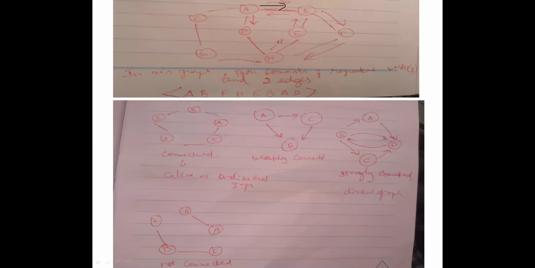I'm reaching A to D using this path: F, H, E, B, and A. So again, B is visited. We cannot say this is a simple path. That's why I took this example. Where you want to go is A to D. There's another path, A to D, visiting the vertices A, B, F, H, E, B, A, D.